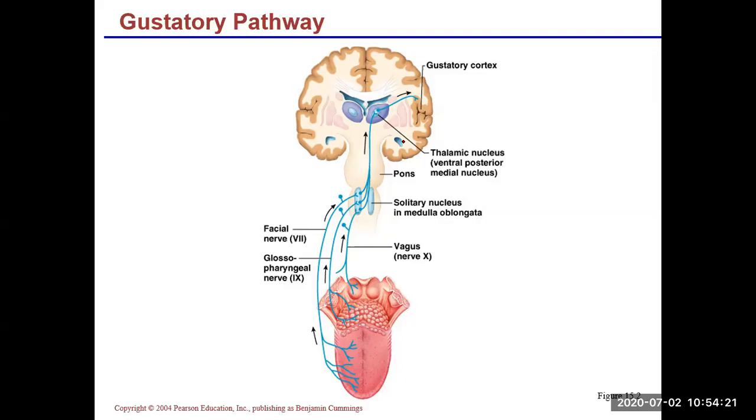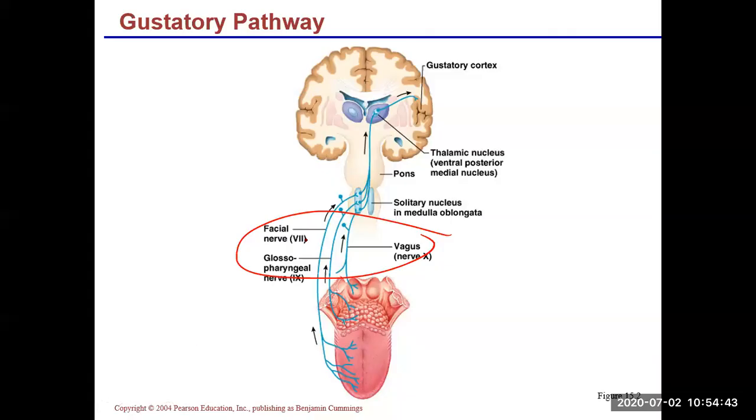Is it sweet? Is it salty? Whatever the case might be. All right. So again, you learned a lot of different types of cranial nerves that are responsible for taste, movement of the tongue, things of that nature. I'm not going to go over those right now because you're supposed to have that already.